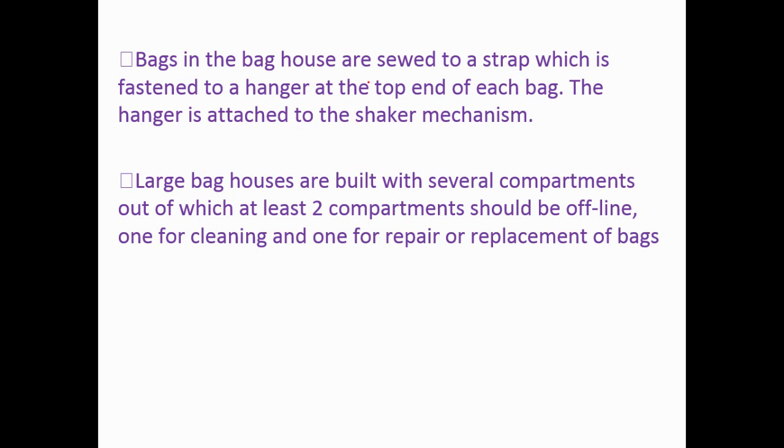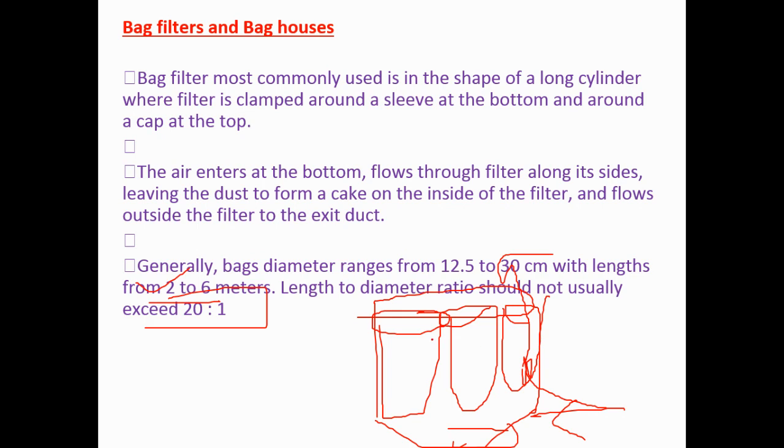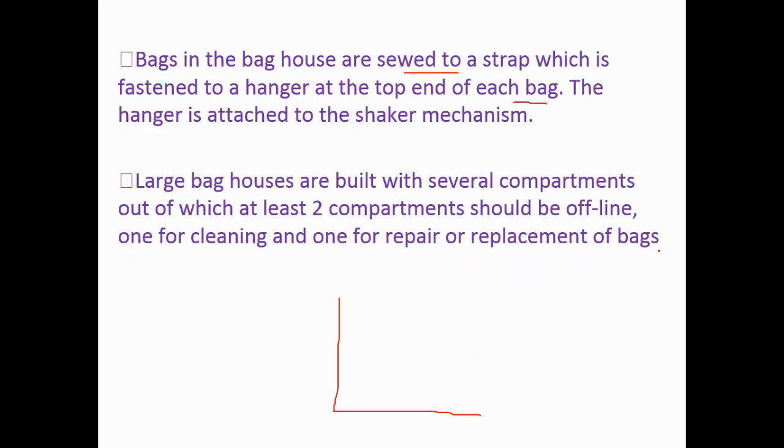The bags in the bag house are fastened to a hanger at the top of each bag. All the bag units are tightly fastened so that they are not displaced from the unit when pressure drops occur.